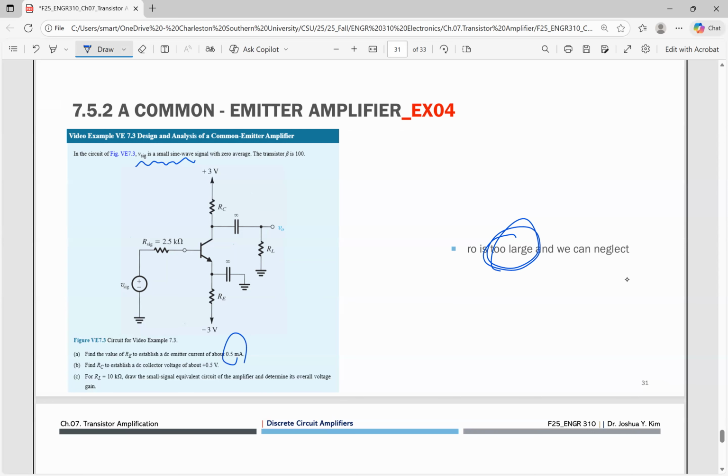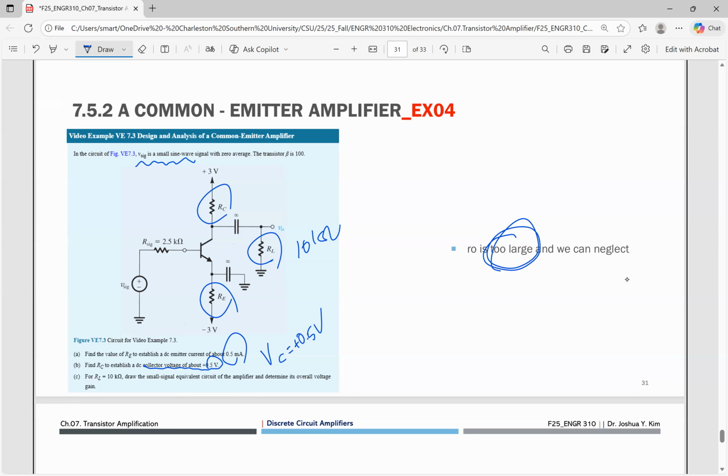And also we're gonna find the R sub C right there. Okay. So the collector voltage is plus 0.5 volt, right? And R sub L is 10 kilo ohm. We're gonna draw the small signal equivalent circuit of the amplifier and determine the overall voltage gain.